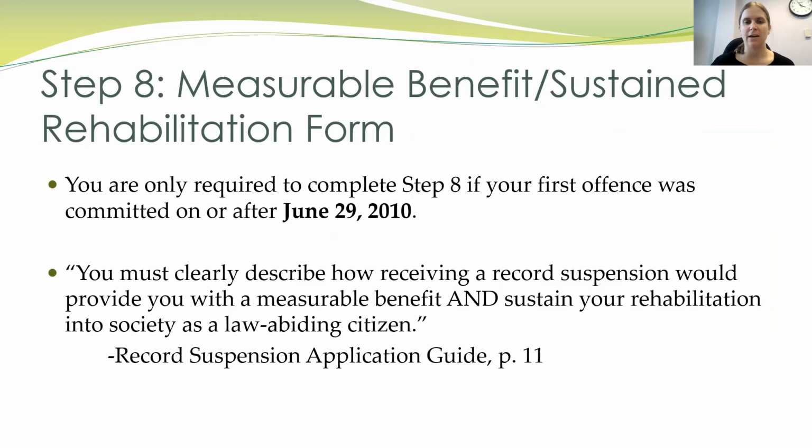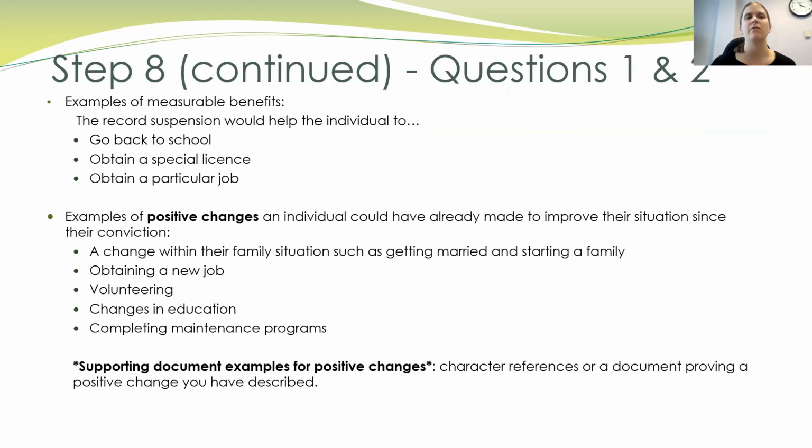So here are a few examples of measurable benefits. A measurable benefit could be that the record suspension would help the individual to go back to school, obtain a special license, or obtain a particular job. Those are all examples of it.